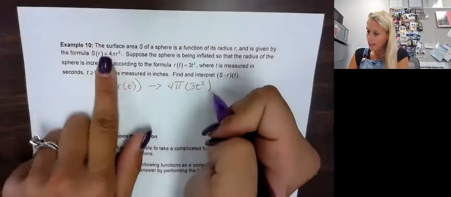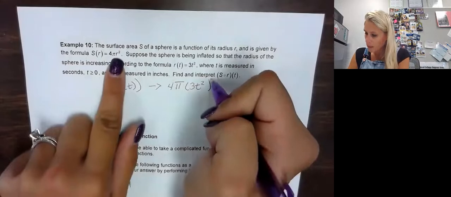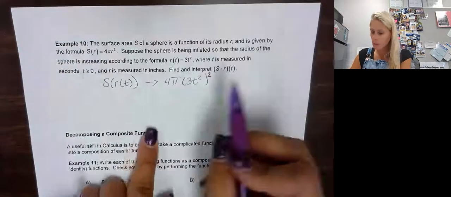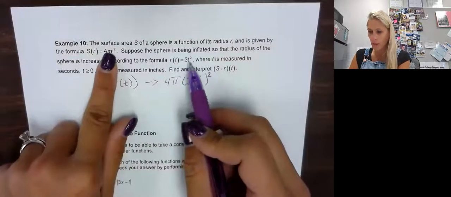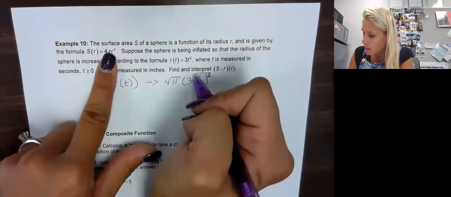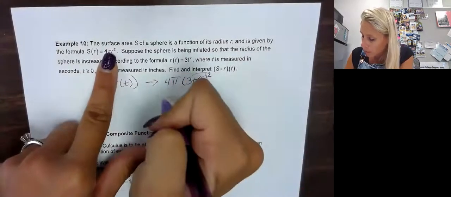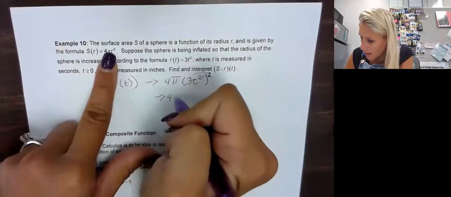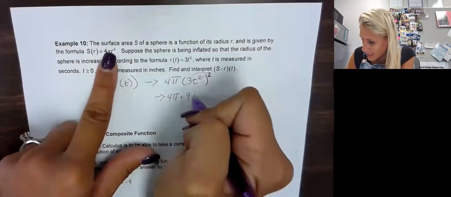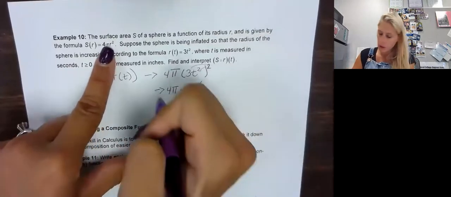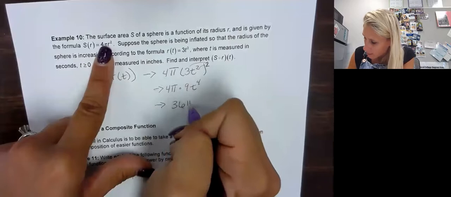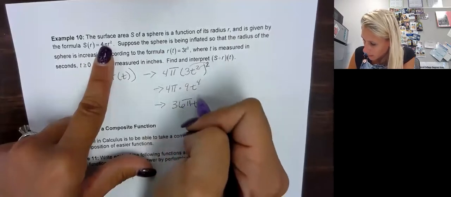And don't forget that r for the sphere was squared. Okay, so instead of r there, I'm putting the 3t squared. Now, be careful on this because when you square, it goes to both. So right now, we have 4 pi times 9t to the 4th, which then reduces to 36 pi t to the 4th.